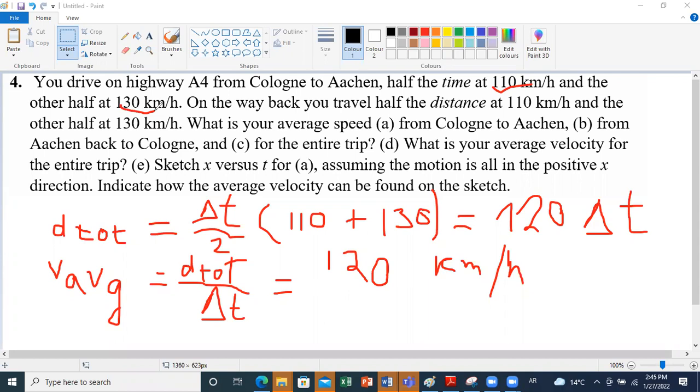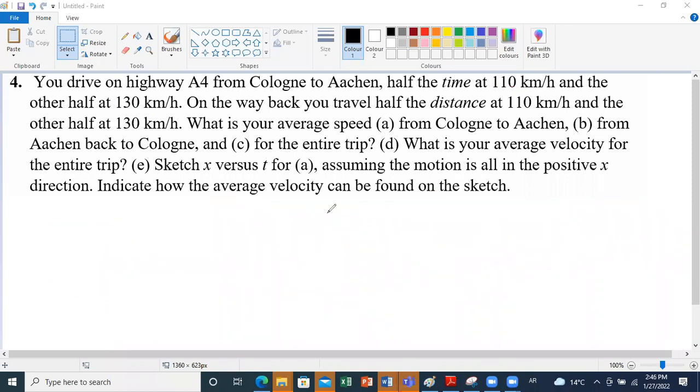What is more challenging is the second question. In the second question, they said that when I go back from B to A, and now when I change sense and move from B towards A, instead of having half of the time velocity 110 and the other half 130, now it's a little bit different.